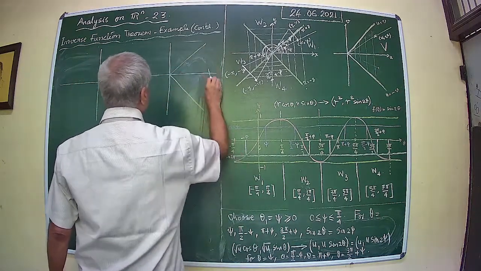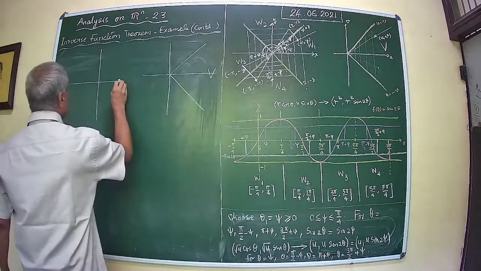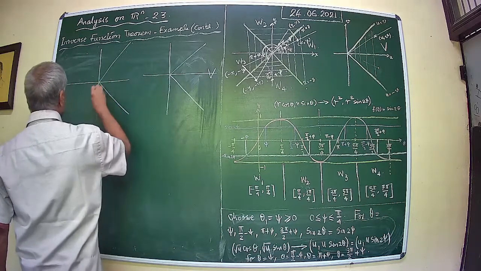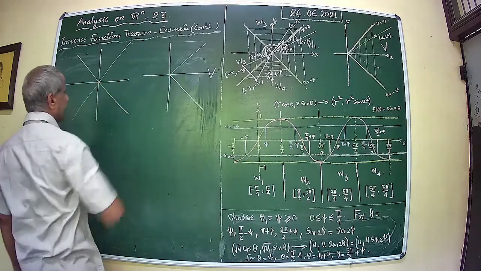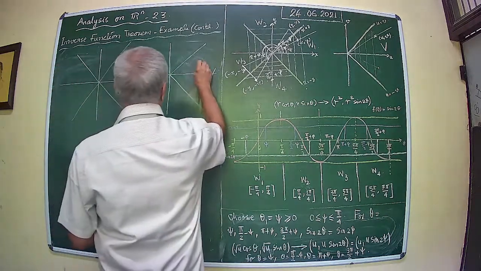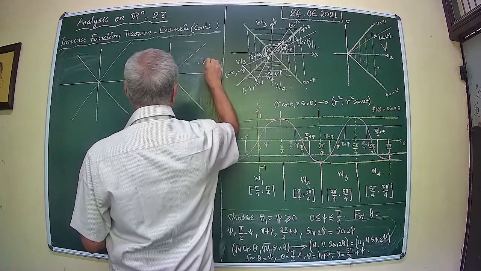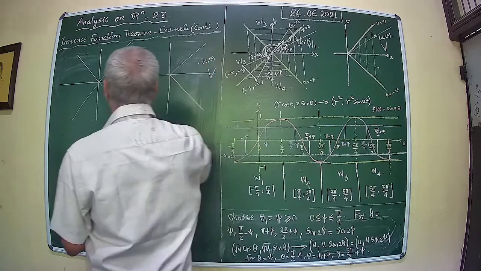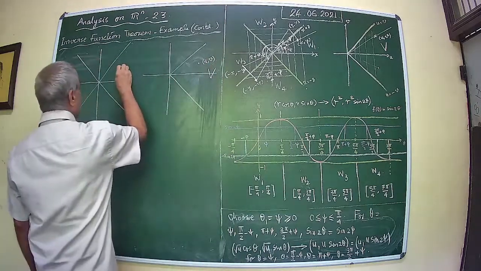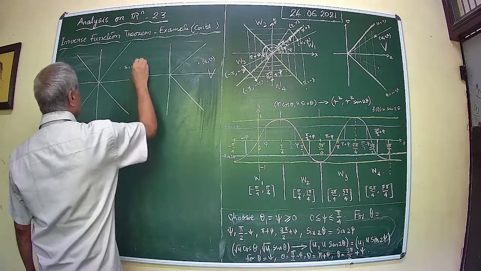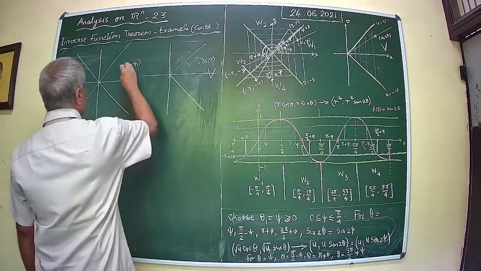This is your V. Now you see that you have W1, W2, W3, W4. So you start with a UV. Then you have a corresponding X1, Y1.